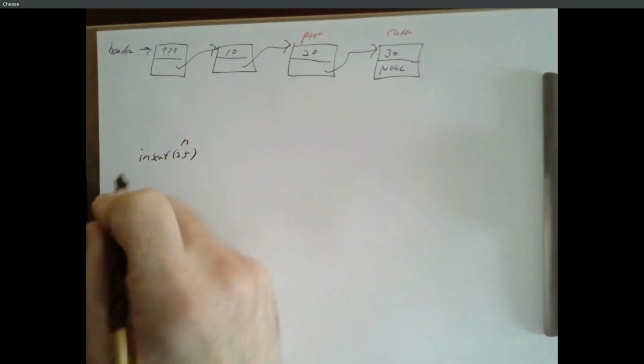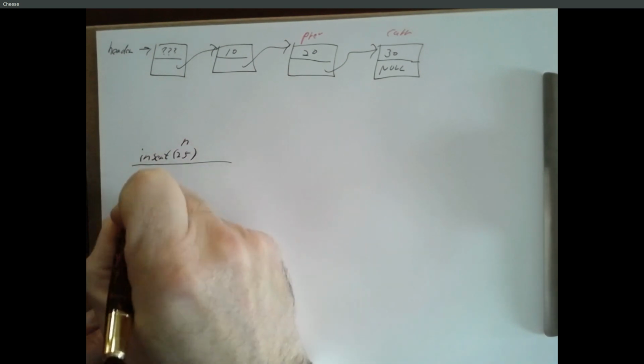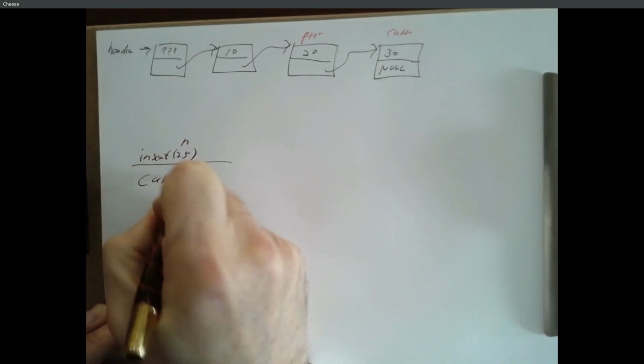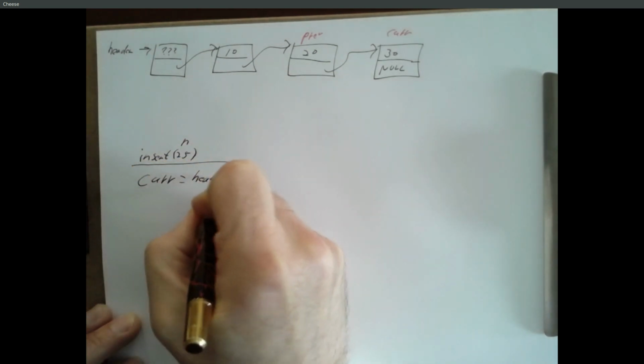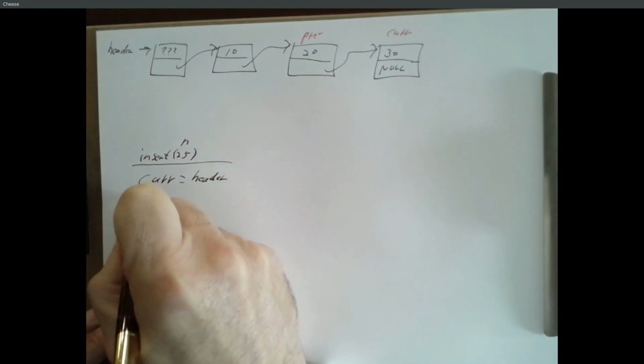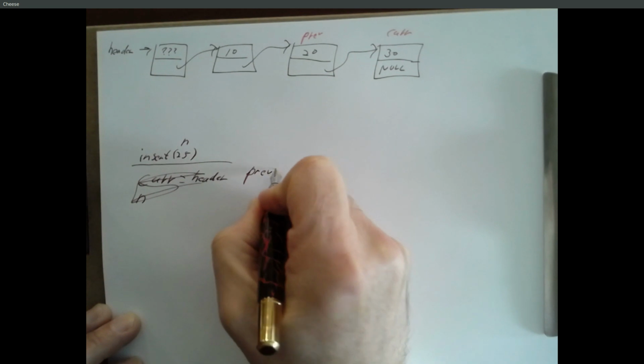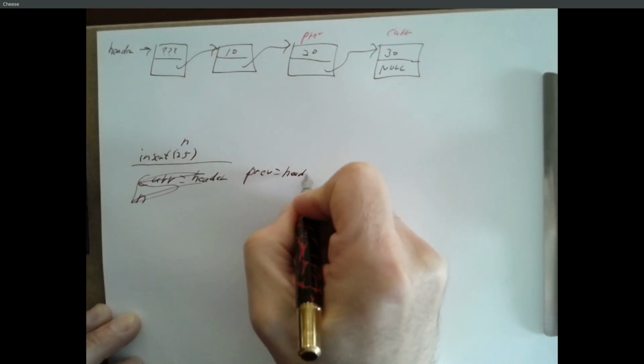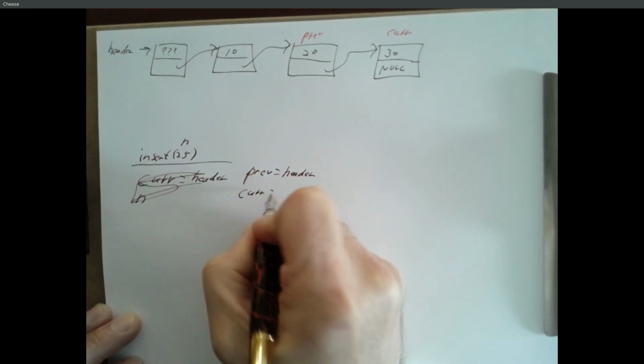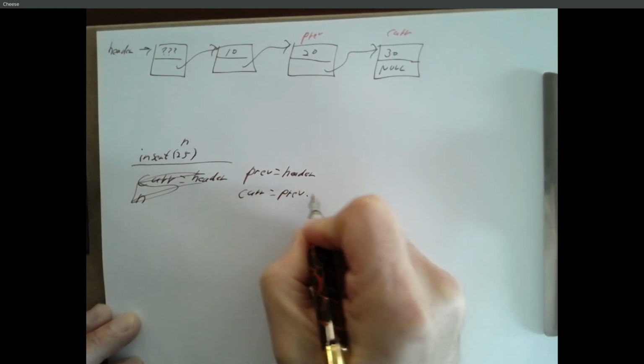So how can we code this? Previous equals header. Current equals whatever previous points to.